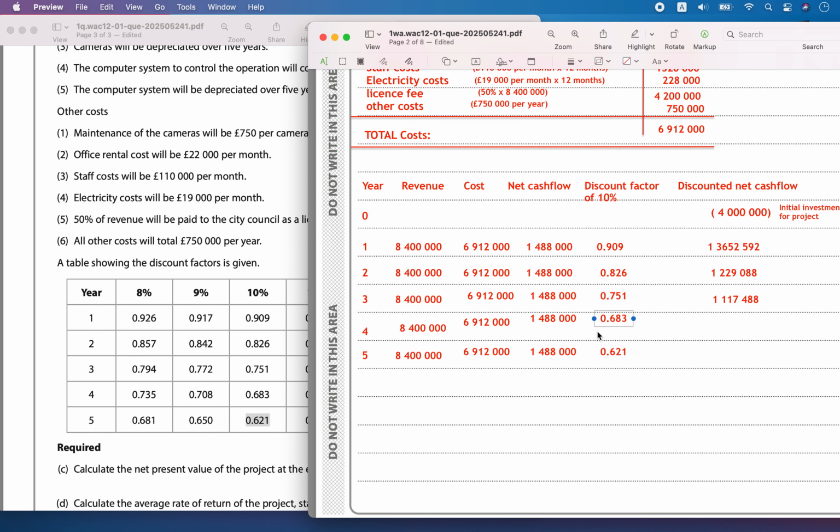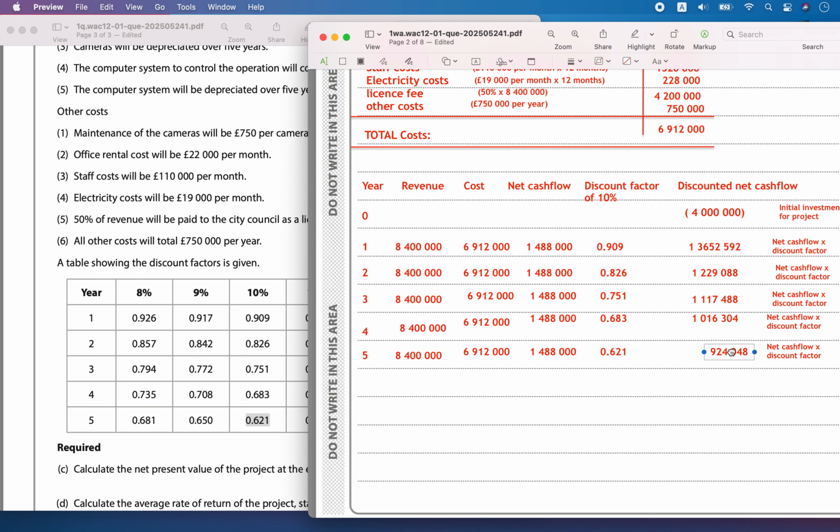Then 1,488,000 times 0.683 is 1,016,304. Then the fifth, 1,488,000 into 0.621, is equal to 924,048.